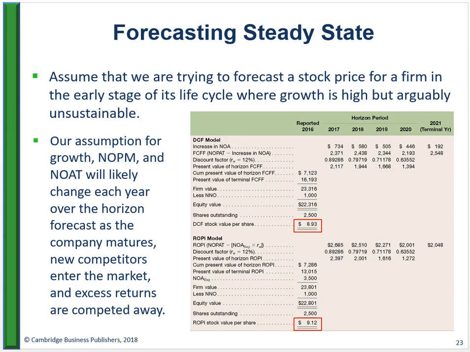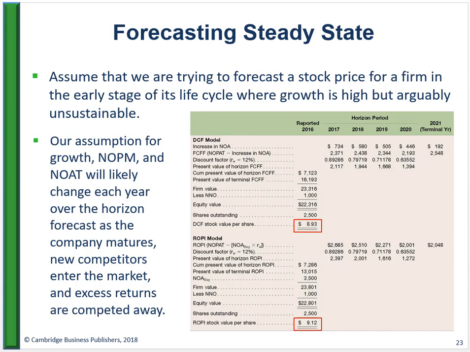On slides 23 and 24 here, our authors give us an example of a firm that's still early on in their growth curve. Their margins are fluctuating, their growth rates are fluctuating. If you have a shorter-term horizon, it's very easy for a DCF and a ROPI model to yield different results. And here they aren't too far off, 893 and 912.